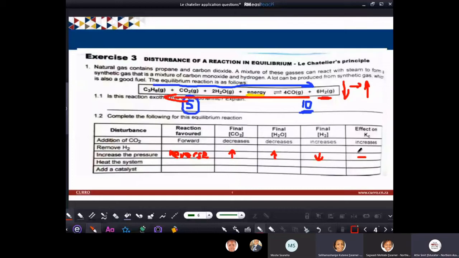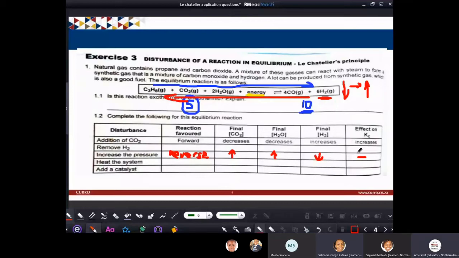No. Remember, you have a Kc at a certain temperature. If you remember our questions, we always said work out the Kc at 273 kelvins or at 290 kelvins. So the only thing that affects Kc is temperature. Okay, that makes sense. Thank you.